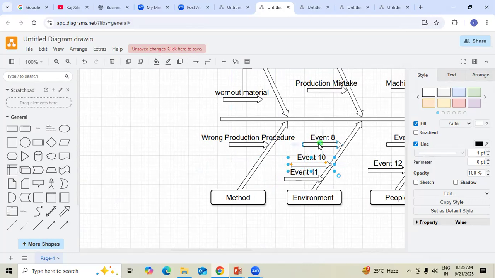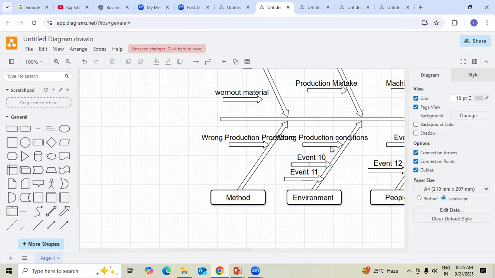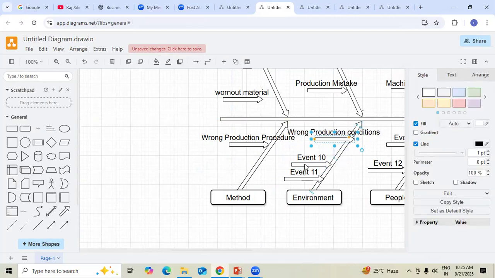Because of the wrong procedure corrections and all, there can be wrong production conditions. So because of the wrong production conditions, there may be some extensions.